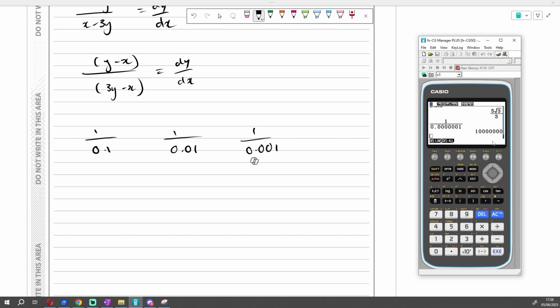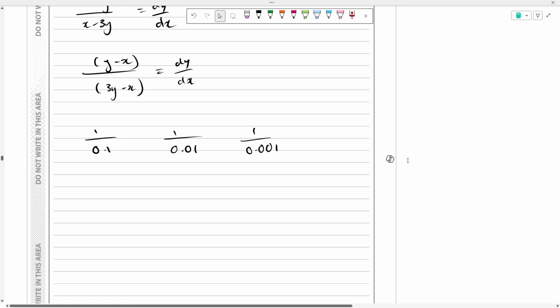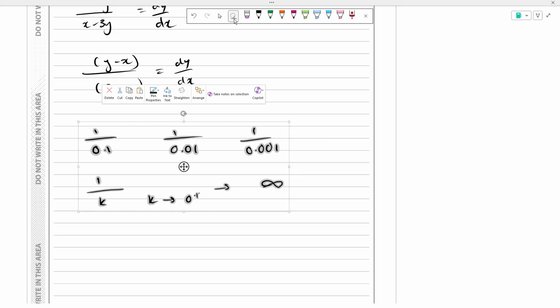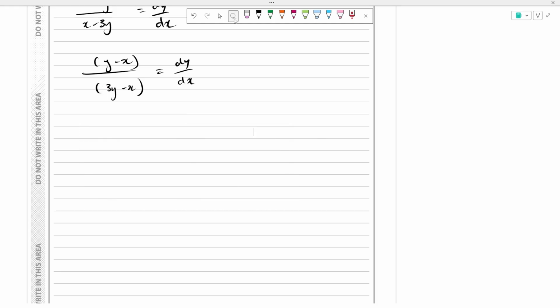As you can see, your fraction will get really big. So as your denominator, I'm going to call this k, approaches 0 from the positive side, this will approach infinity. The reason why I just put the positive side is because if it was from the negative, it would approach negative infinity, but it's still the same concept.